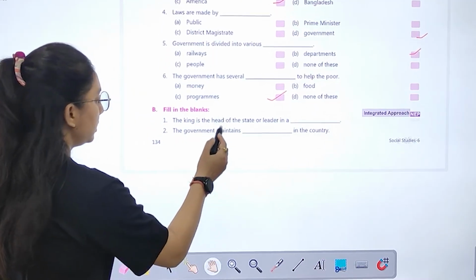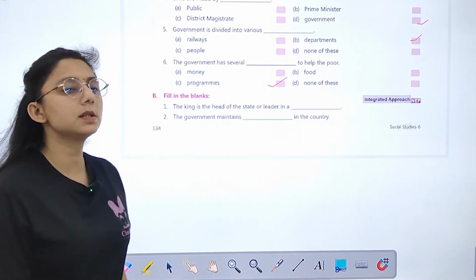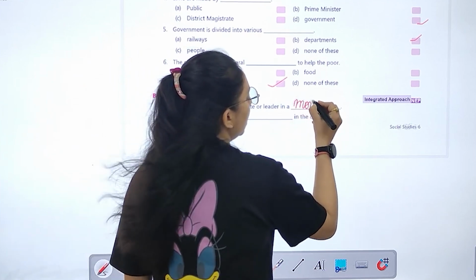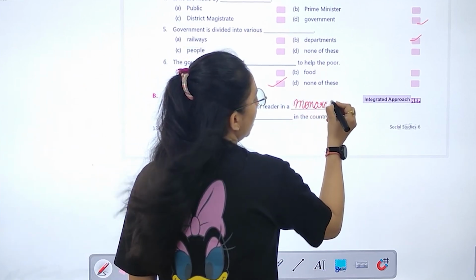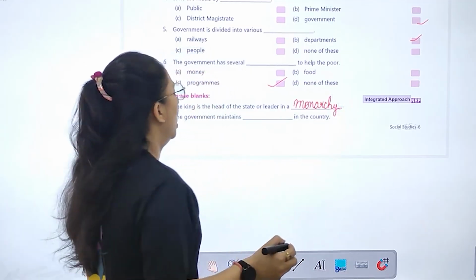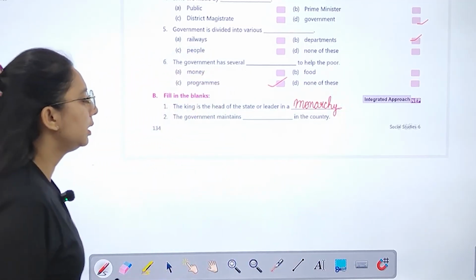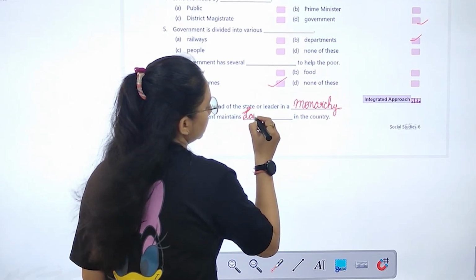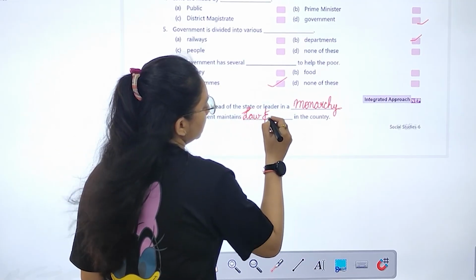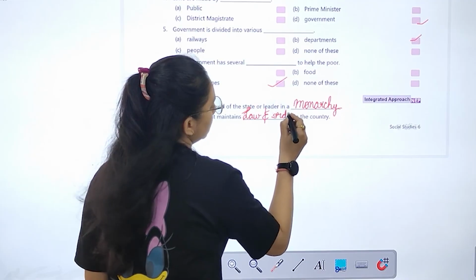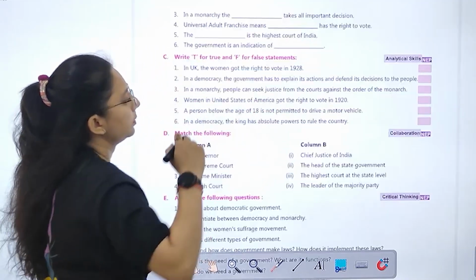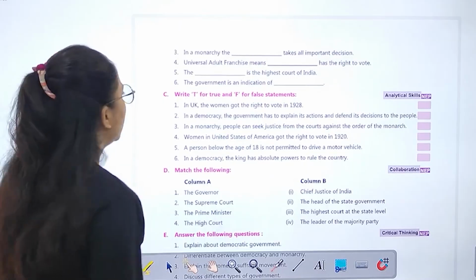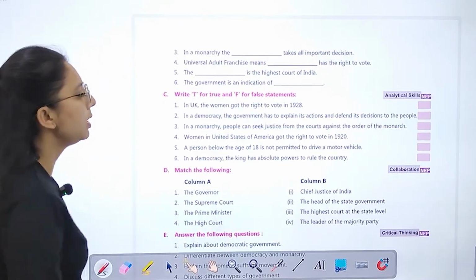Next is fill in the blanks. The king is the head of the state or leader in a monarchy. The government maintains dash in the country. In monarchy, the dash takes all important decisions.